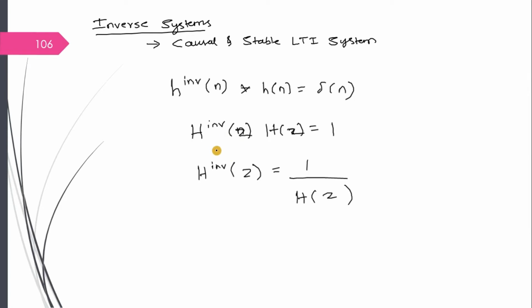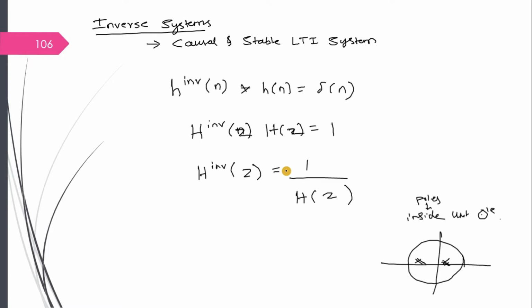So H inverse can be found out by the reciprocal of H of z. That's it. If you're asked to find out the inverse system, what you need to do is find the system operator, take its inverse, take its reciprocal. You'll get the inverse system. That is what we will do in the examples that we take next.